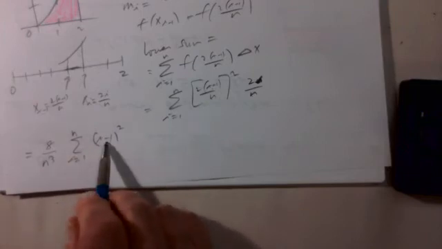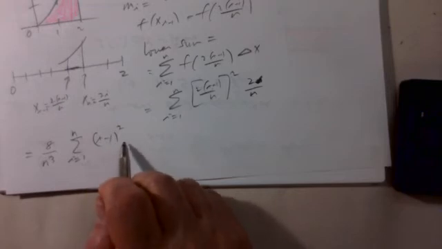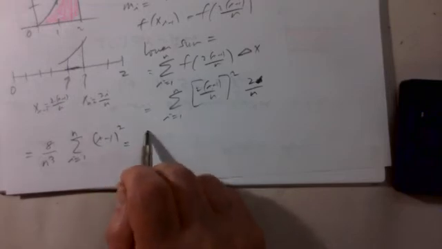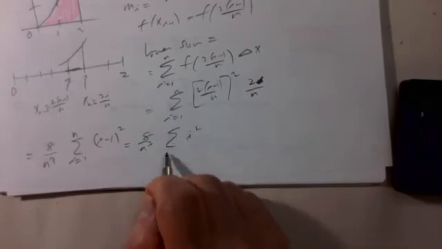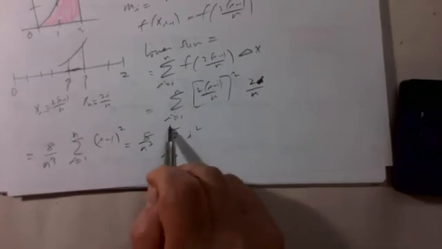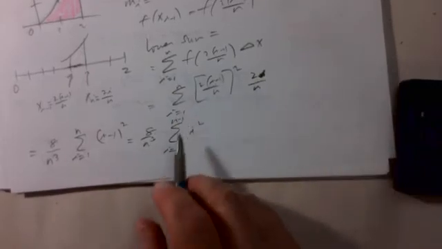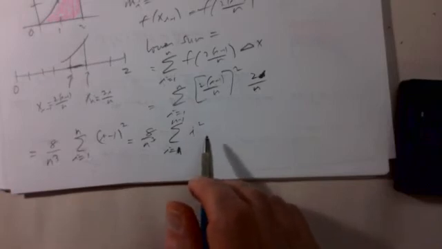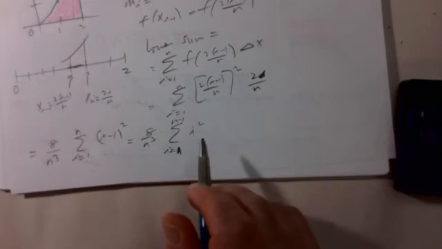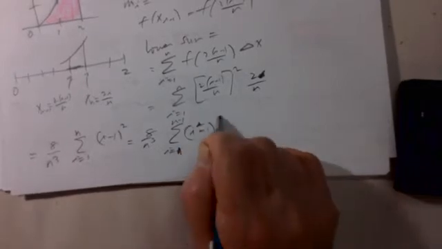As i goes from 1 to n, i minus 1 goes from 0 to n minus 1. This is 8 over n cubed, the sum of i squared from 0 to n minus 1. I can forget the 0, when i is 0, this is 0, so sum from 1 to n minus 1. Oops, sorry, (i minus 1) squared.